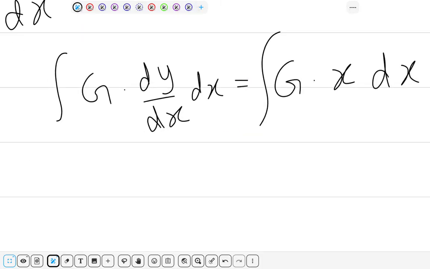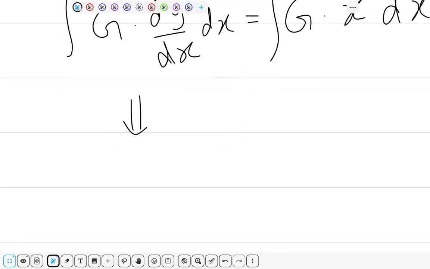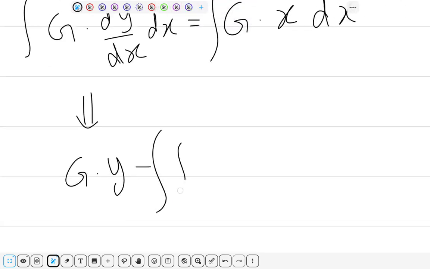And now this can be written as g times y, some integration, g times y, because I'm just using the chain rule. You can just see yourself whatever I'm doing wrong if you think so. And then I have dg by dx times y dx.